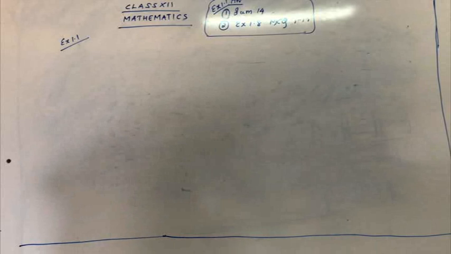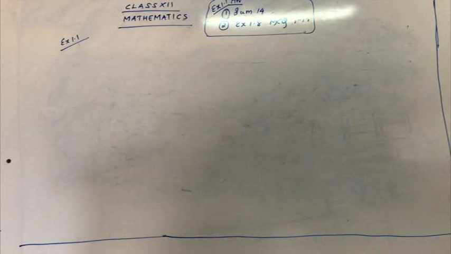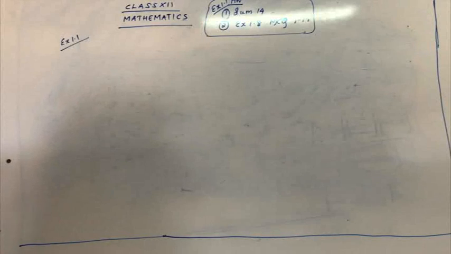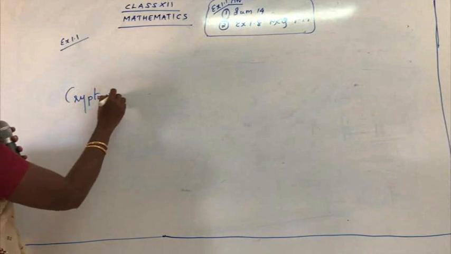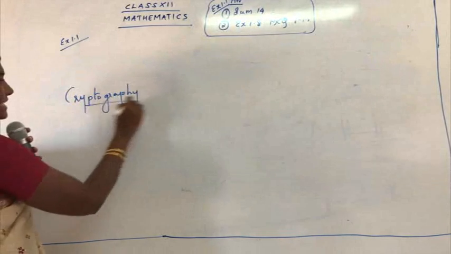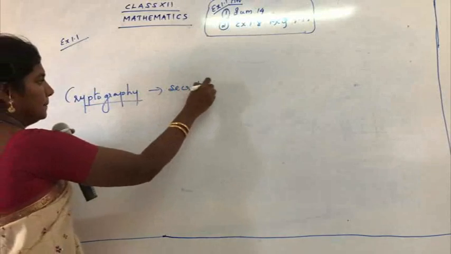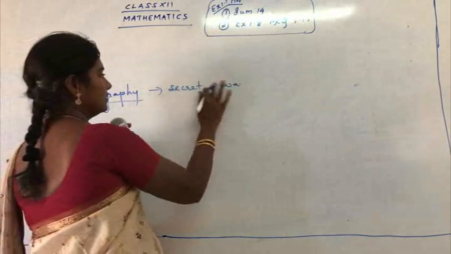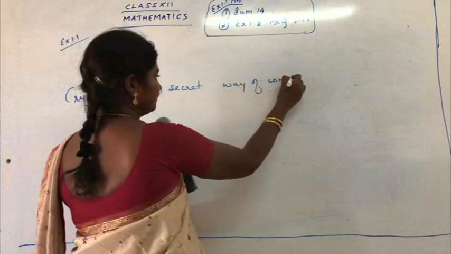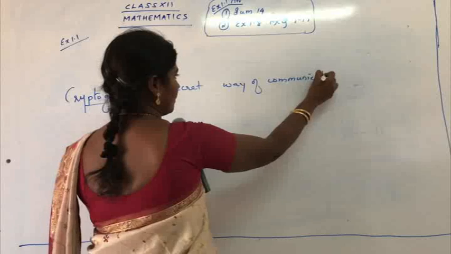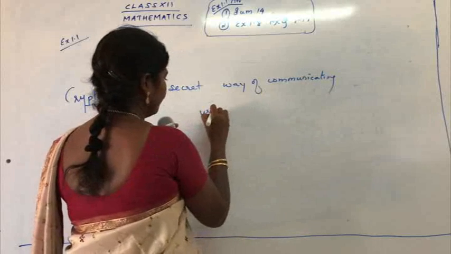We have studied about cryptography in our 10th standard, if you remember that. Otherwise, just have a small glance. What is cryptography? It's a secret way of communicating using codes.